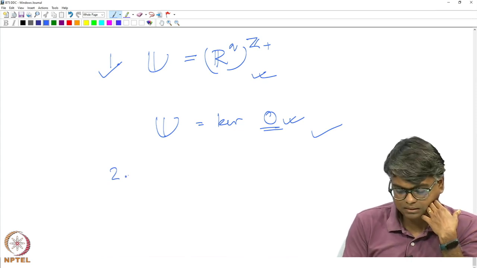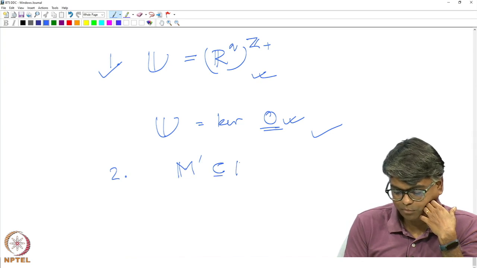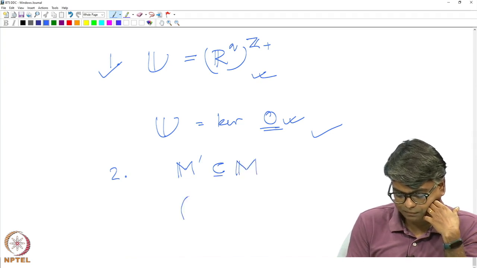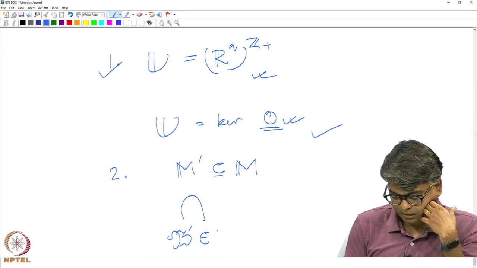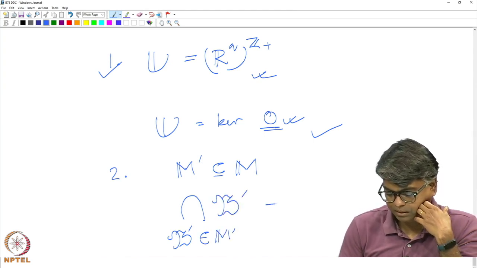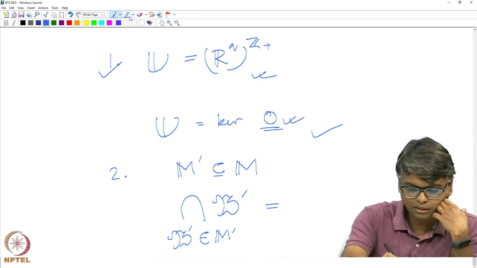Take any subclass M prime of my model class, and then I define the intersection of all B primes that are in M prime, and I look at this B. Is this also a legitimate model?